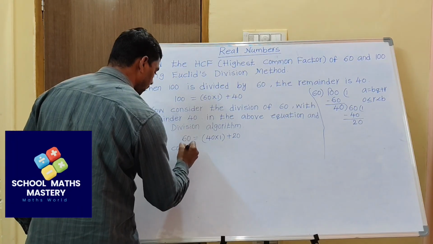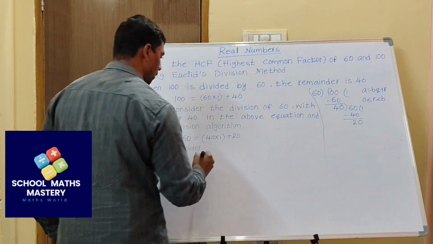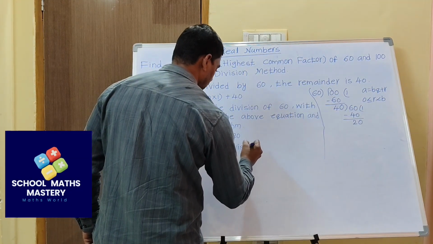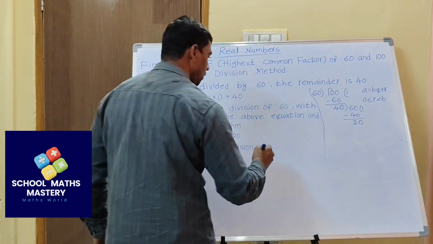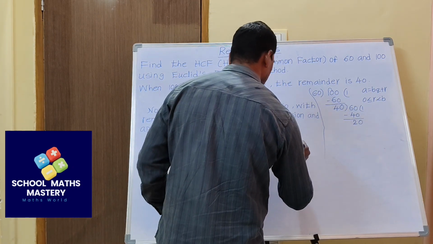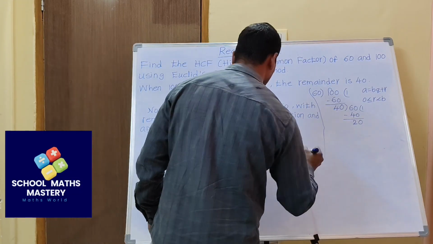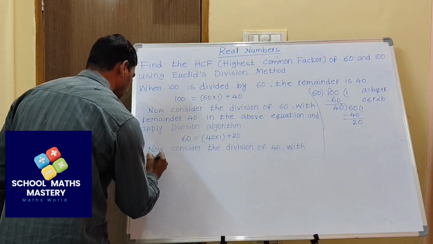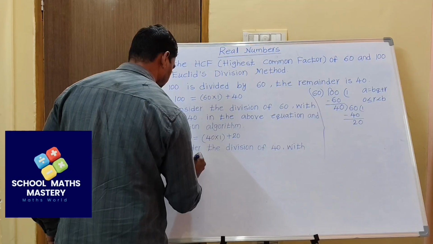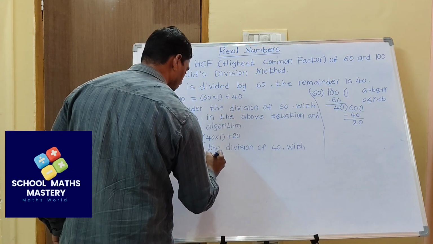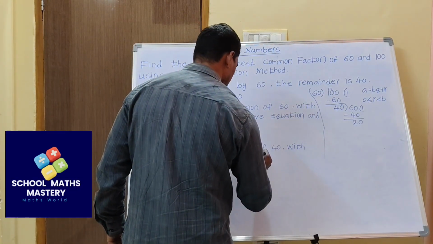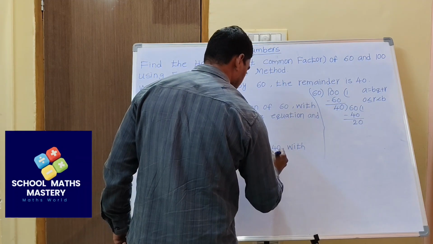Now consider the division of 40 with remainder 20 and apply the division algorithm.